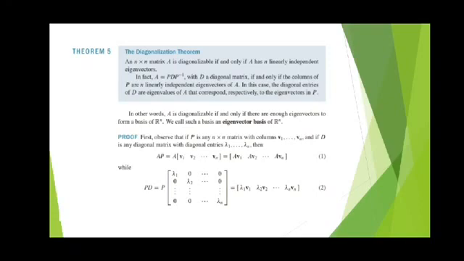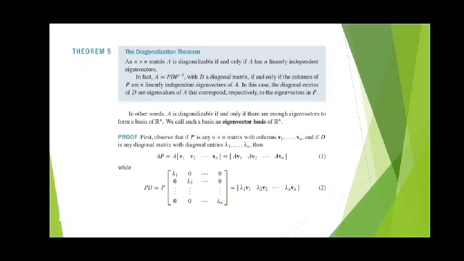Then AP, where P is the matrix with columns v1, v2, up to vn, is A multiplied by the matrix of v1, v2, up to vn. Multiplying by A, it will be Av1, Av2, up to Avn. Take this as equation 1.